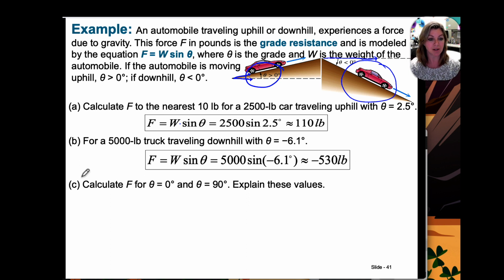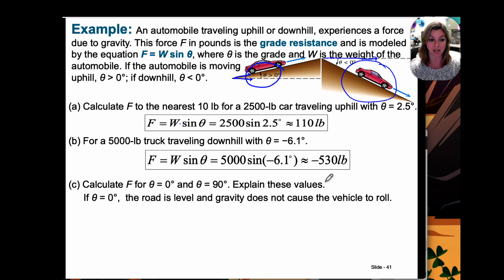All right, part C wants us to discuss and calculate that grade resistance if theta were equal to 0 degrees and if theta were equal to 90 degrees, and explain those values. Okay, let's talk about the first situation. If theta was equal to 0 degrees, then the road is level, no slope, and gravity would not cause the vehicle to roll.